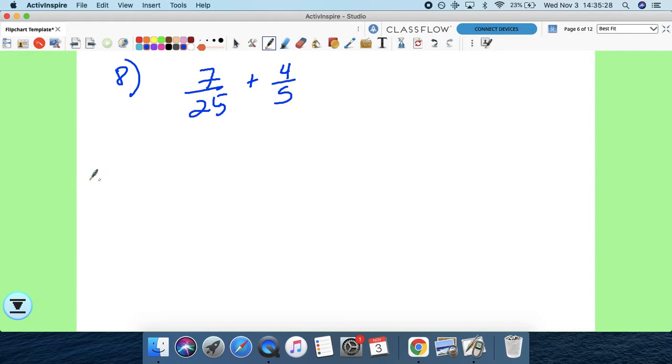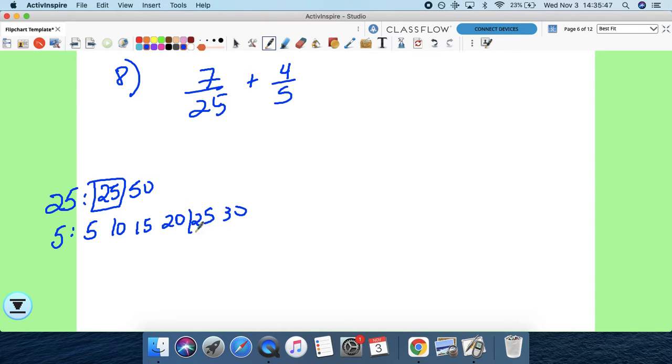So we're going to do 25 and the 5. 5 times 1, 5 times 2, 5 times 3, 5 times 4, 5 times 5, 5 times 6. Let's do the top. 25 times 1, 25 times 2. Oh, there's a 25 here.